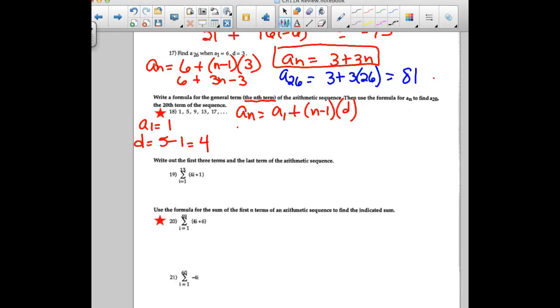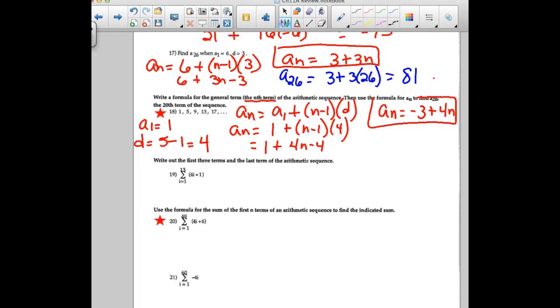So we're going to plug in what we know. Our first term is 1, and our common difference is 4. If we do our distributing, we've got 4n minus 4 plus the 1. So our nth term is going to be 4n minus 3, or negative 3 plus 4n. Either way is fine. That is going to get you part of the points for this question.